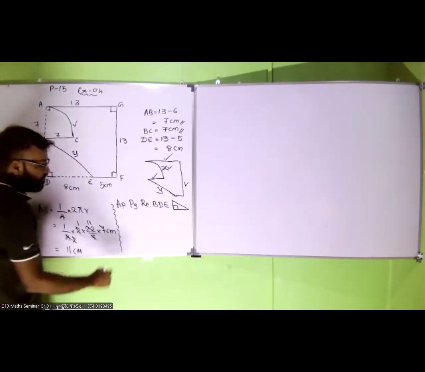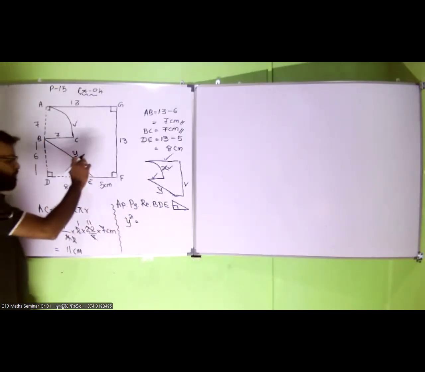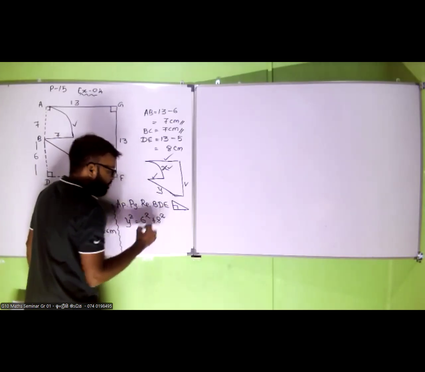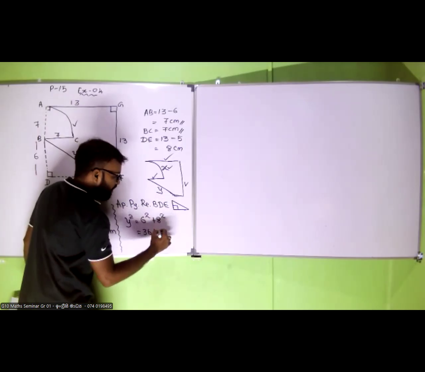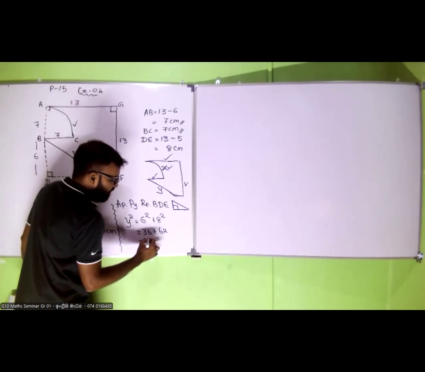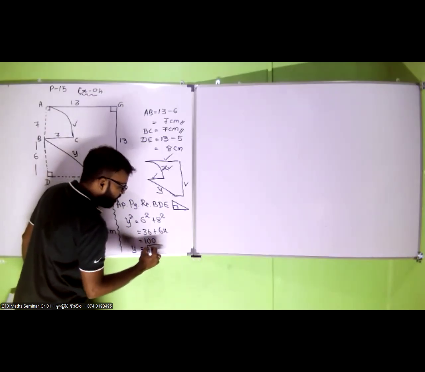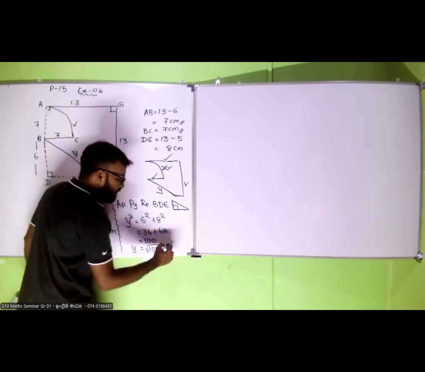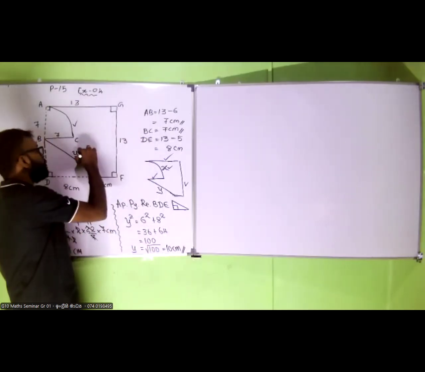Y squared equals 6 squared plus 8 squared. So 6 squared is 36, 8 squared is 64. All together you have 100. So y equals the square root of 100. You guys know what the square root of 100 is, which is 10. 10 centimeters. So y has also been found.